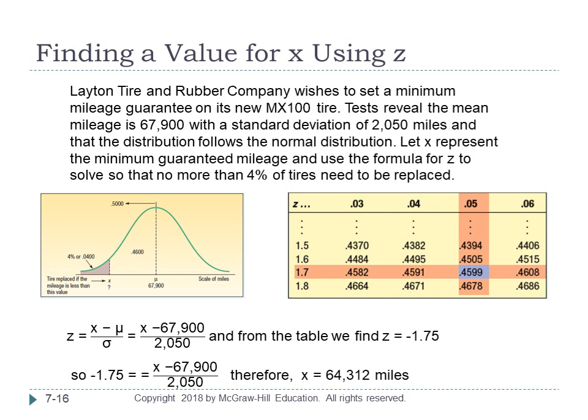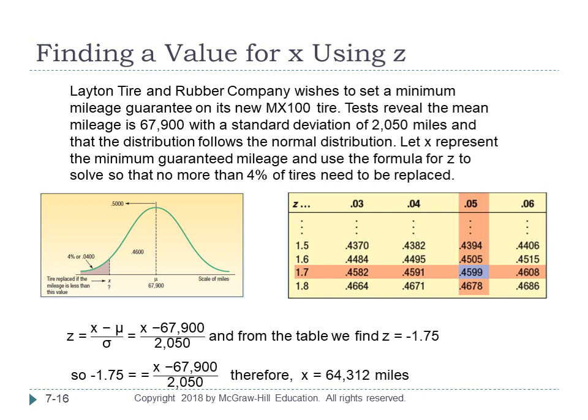So the Z value that will give us the required area is equal to 1.75, but we are interested in X, the value for X, the miles that the company will give as a warranty to guarantee that no more than 4% of tires will be replaced. If you know the Z value, then using the same formula you can find the X value.